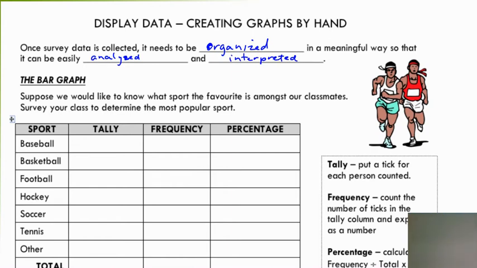By putting in a visual, a lot of us are visual learners. I know who I am, and it really helps when I can see things in a graph, in a visual representation of data.